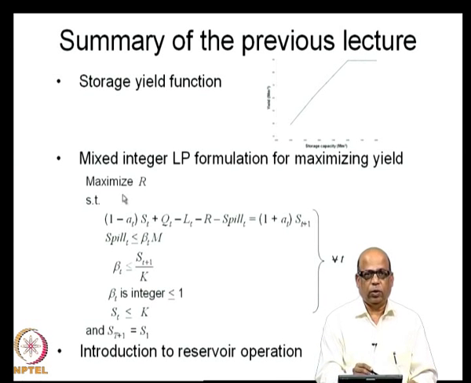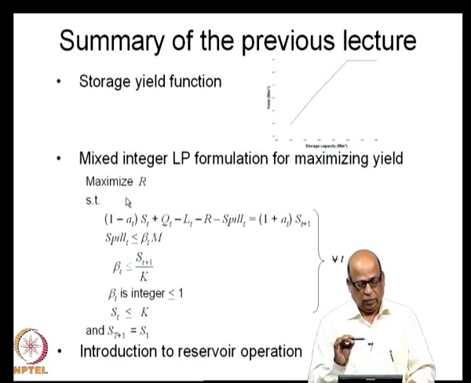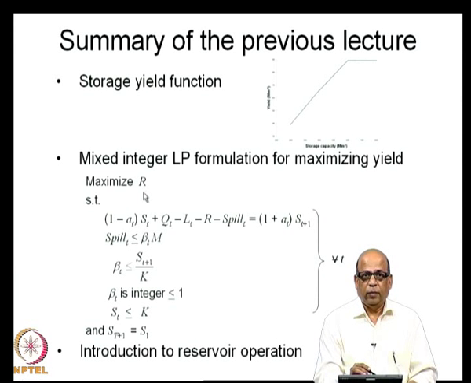So, let me just go through it. What we are looking for is the maximum constant release, so maximize R, and then we put this R here. Remember, it is not R_t, but R, which means it is constant across time.